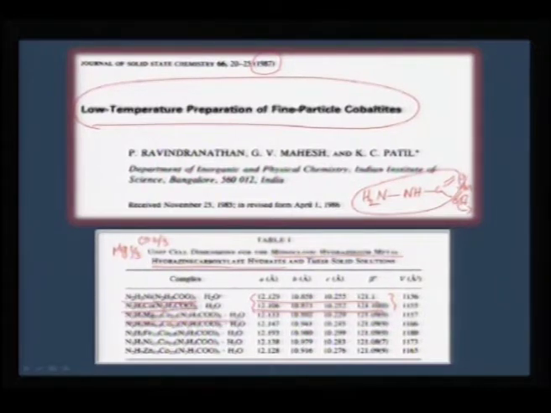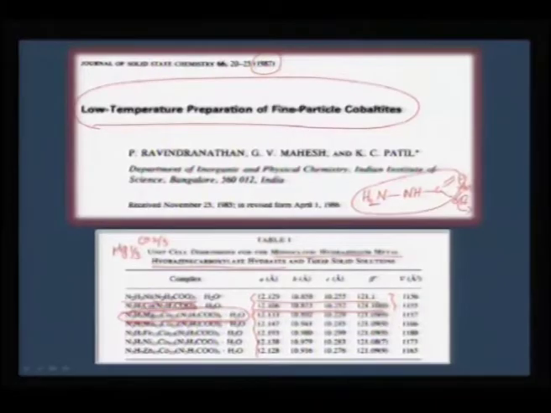So, as a result, I can actually make a precursor which can accommodate both magnesium and cobalt together because they have the same crystal structure. If you look at all these mixed metal complexes, all the mixed metal complexes have the same lattice constant or comparable one to that of the individual complexes.